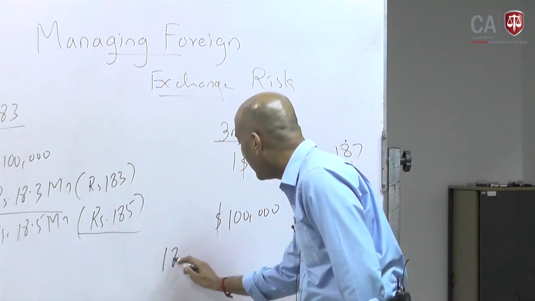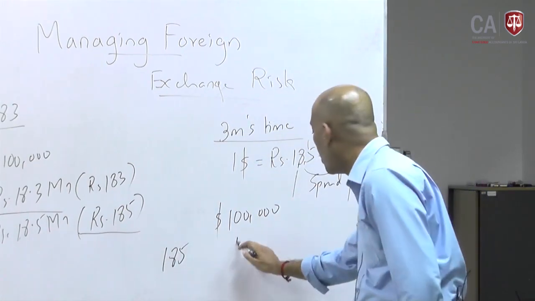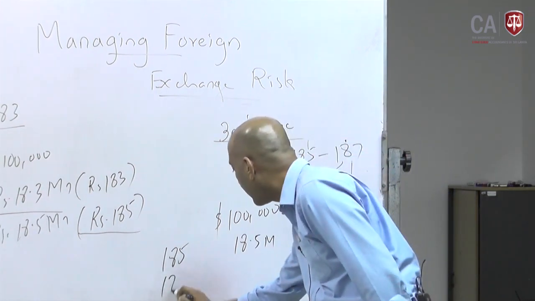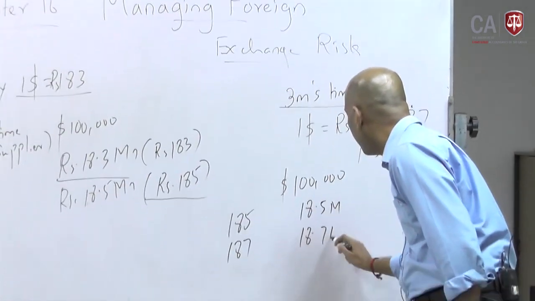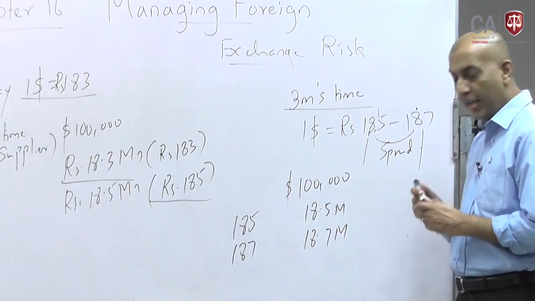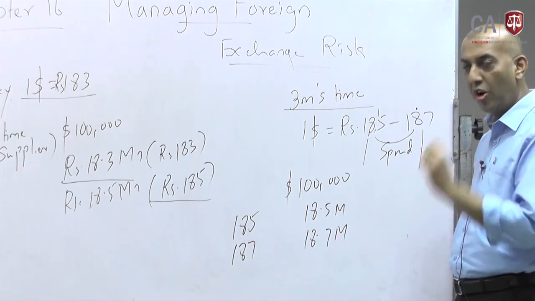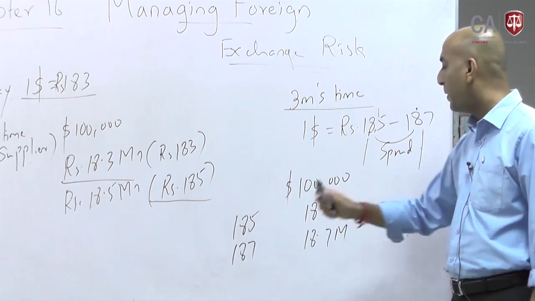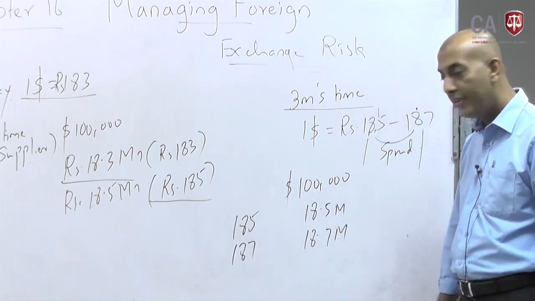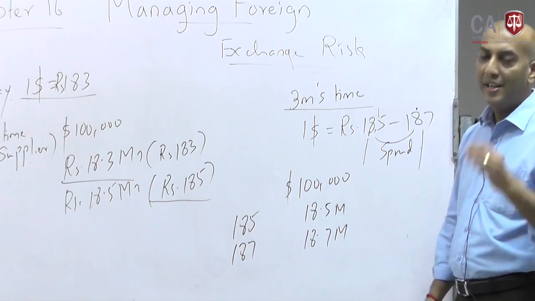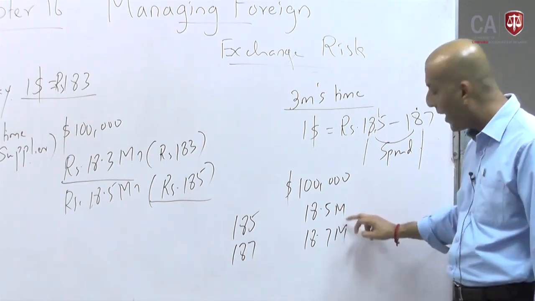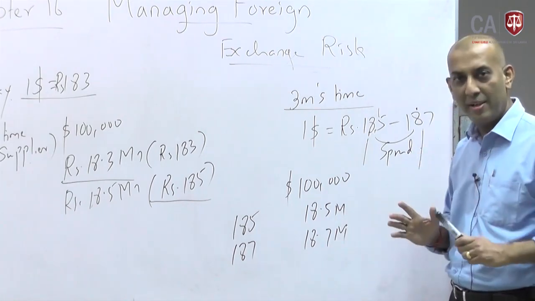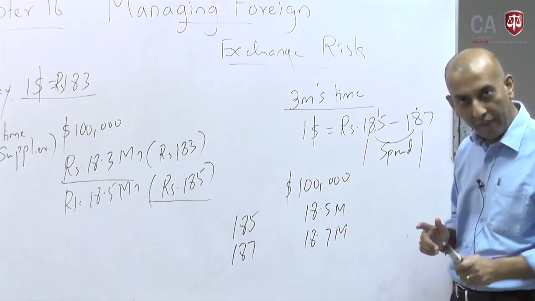If you are buying the dollars at 185, you pay 18.5 million. If you are buying the dollars from the bank at 187, 18.7 million. In other words, if you are going to buy $100,000 at 185, your payment is 18.5 million. If the per dollar cost is 187, you are going to pay 18.7 million. Now please note, there are two rates representing two values. As a customer, you have to pay always more.